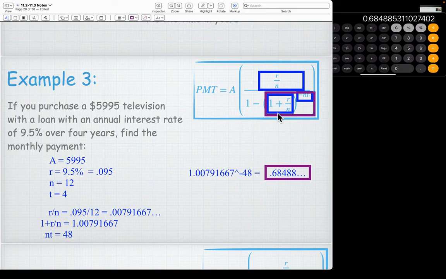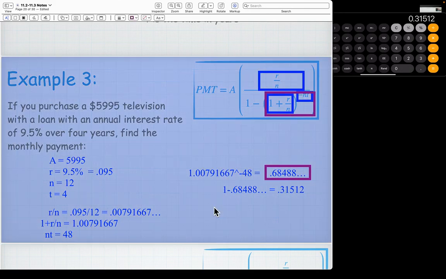So now I can do 1 minus that, and that's the bottom. So 1 minus 0.68488 is 0.31512. So that's the bottom, and I think we're just about ready to be done.